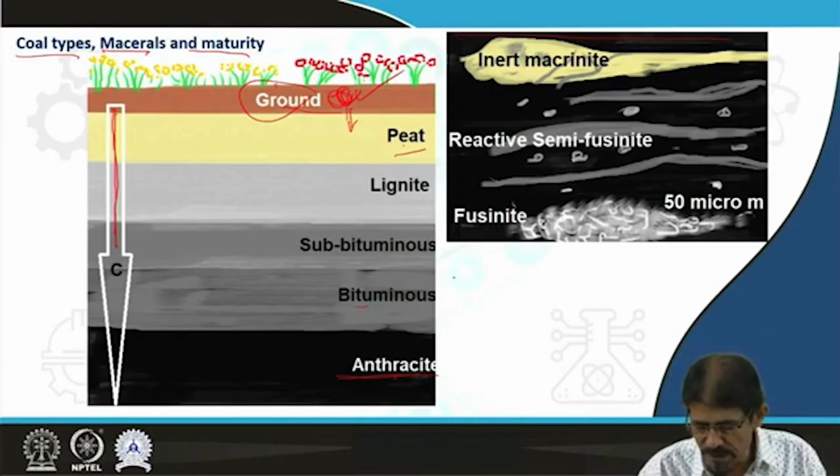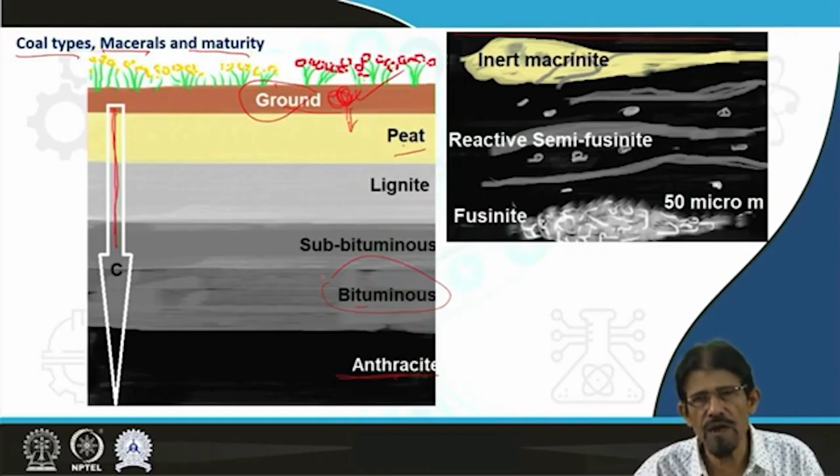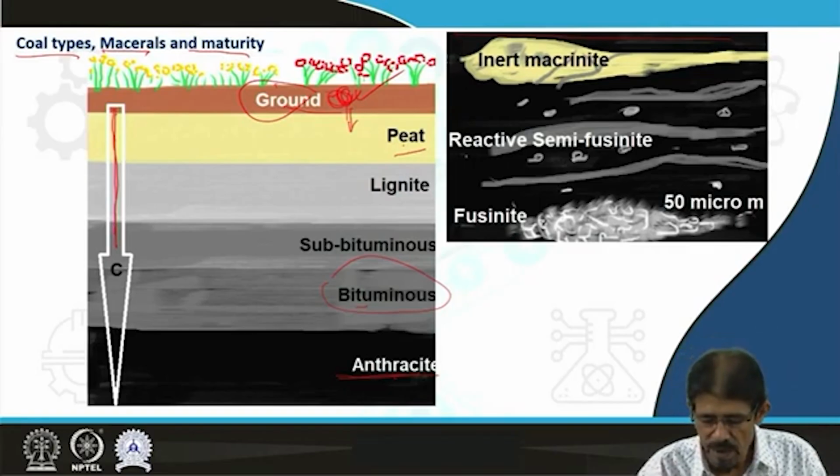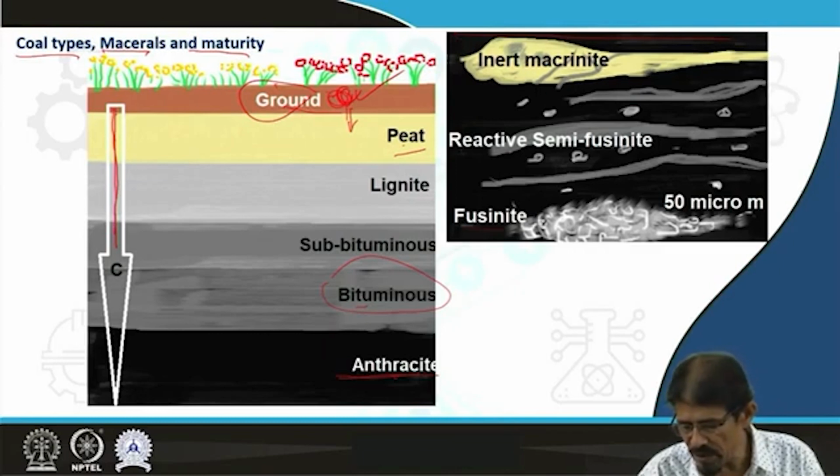Bituminous coal in particular we widely utilize, and we have huge deposits of coal in our Gondwana basin, located in India. Bituminous coal consists of micro constituents like fusinite, reactive semi-fusinite, inert micrinite, and other types of minerals.